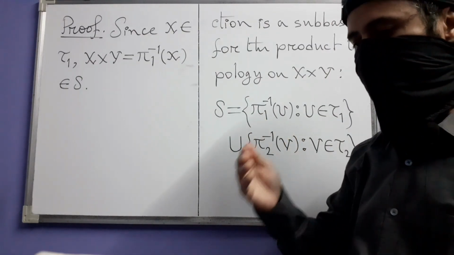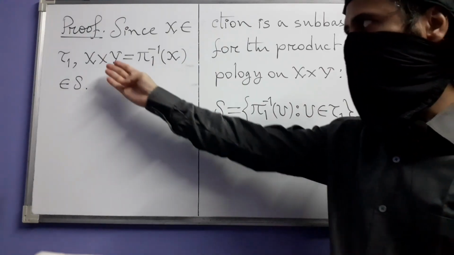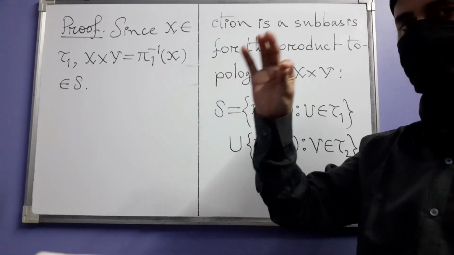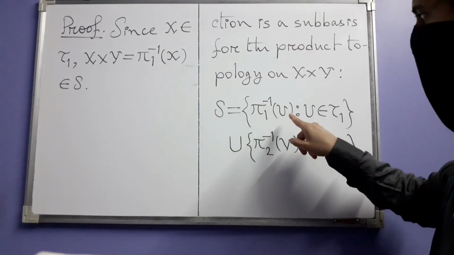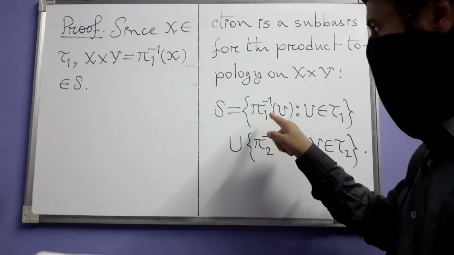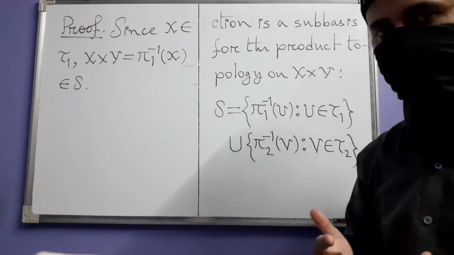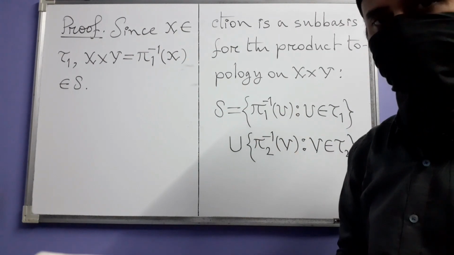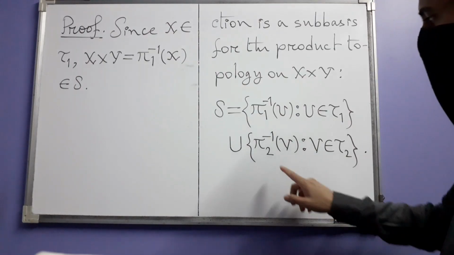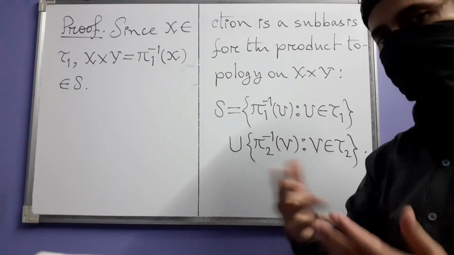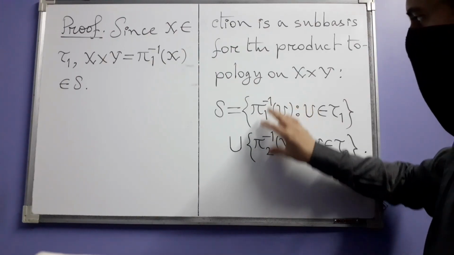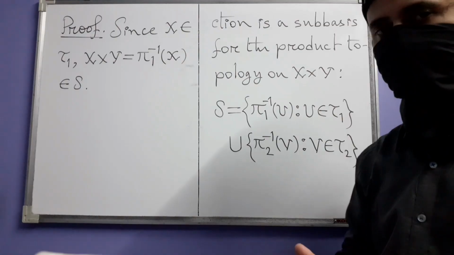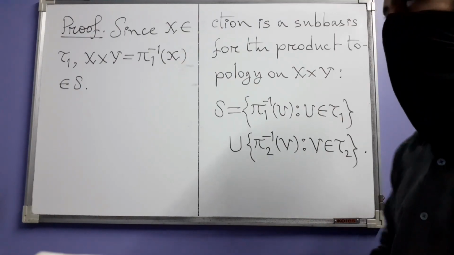Pi1 is a function having X times Y as its domain, and it maps this Cartesian product into X. So because U is a subset of X, pi1 inverse of U, by definition of inverse images, is a subset of X times Y. Just like that, these sets are also subsets of X times Y. That is why if you take the union of all these elements in S, then the union will be a subset of X times Y as well.